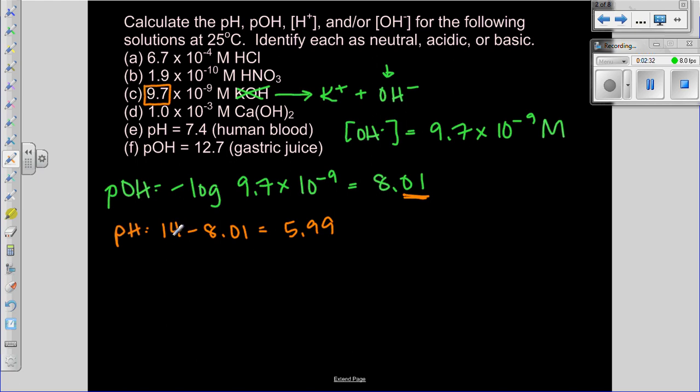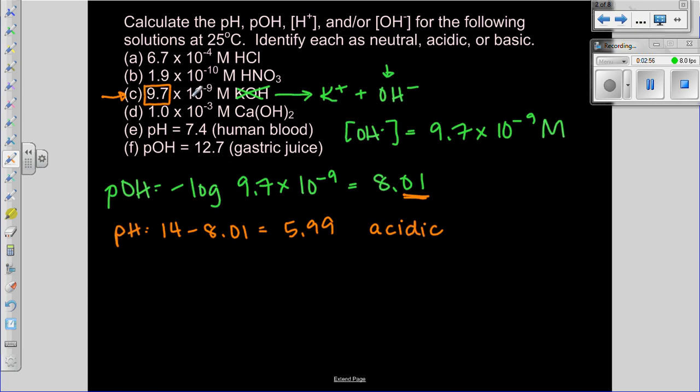And this is not just 14, it's actually 14.00, so I'm going to maintain the same number of significant figures. So my pH is 5.99, which means this solution is acidic.